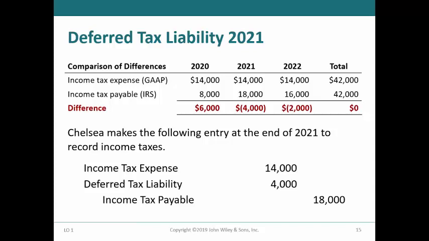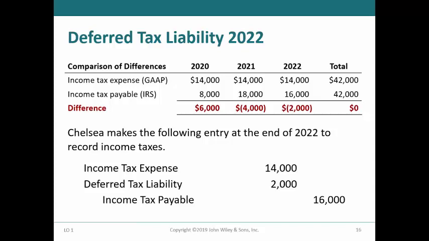Income tax payable will always be the amount reported on the tax return. Since it is higher this year than income tax expense per the financial statements, we see the deferred tax liability beginning to reverse. This is the nature of all temporary differences.